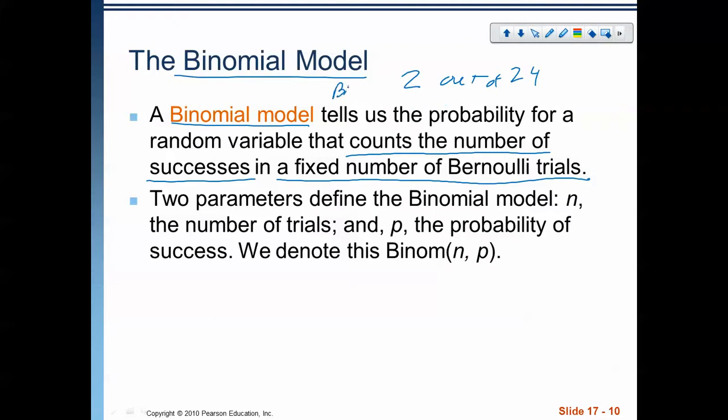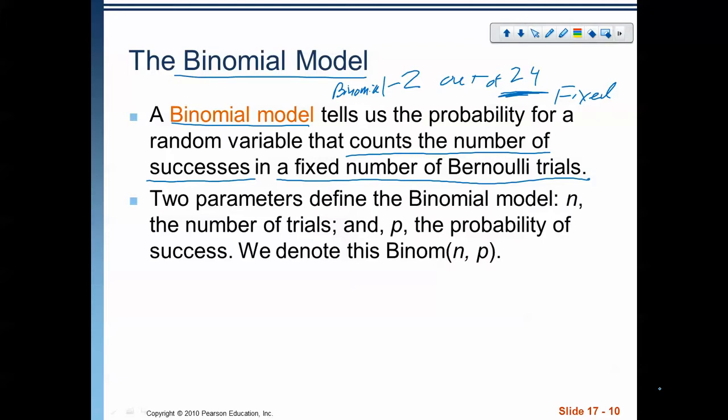So this is the binomial model. You get a binomial model when we have a fixed number of trials. We have a fixed number of 24 trials, and we're saying what's the probability of getting 2 successes, we'll keep it general, out of those 24.